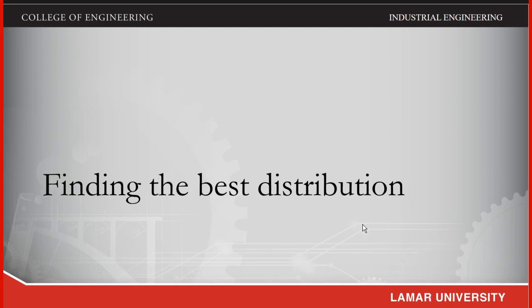What we usually have is that we may have to go into the field and get samples of the process, maybe the time between arrivals or the processing times. Sometimes the information is available in the records of past performance and the operations of the system under study.